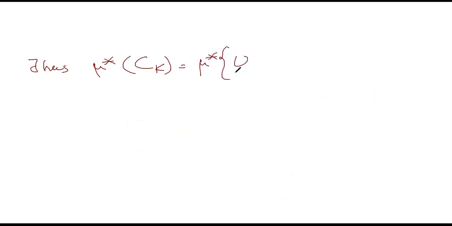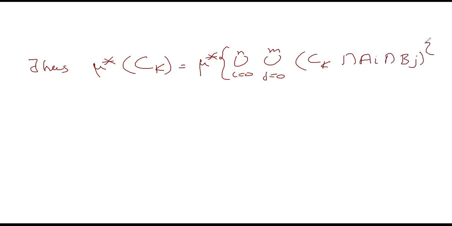And they are also disjoint for 0 less than or equal to k less than or equal to n, these Ck's. So thus mu star of Ck is equal to mu star of the union i runs from 0 to n, union j runs from 0 to m, of Ck intersection Ai intersection Bj.